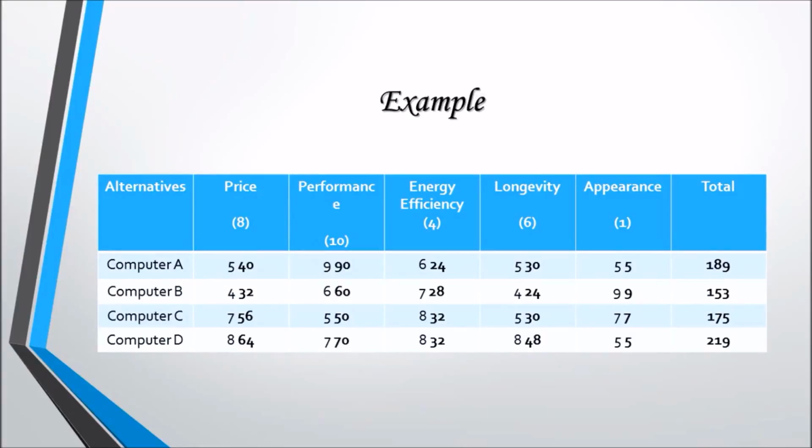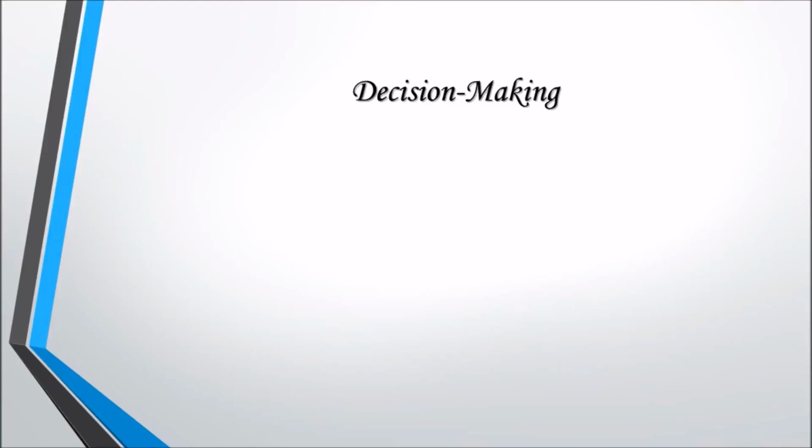Because of our criteria, we would end up with computer D or A. They are the clear winners because D has over 20 points over A, and A has over 14 points over computer C. So here we would end up with 2 options, and we could see which one we would like to choose based on our criteria and different needs.